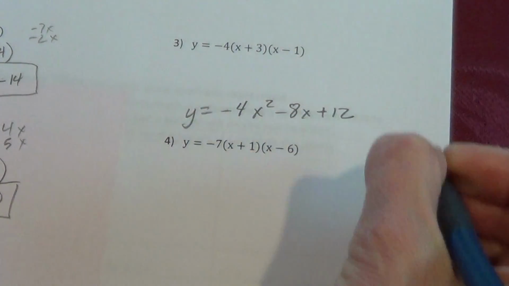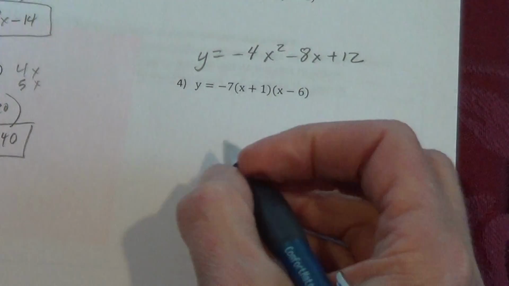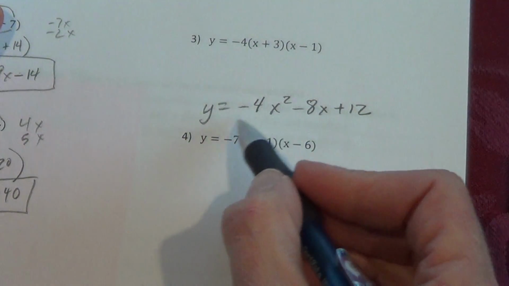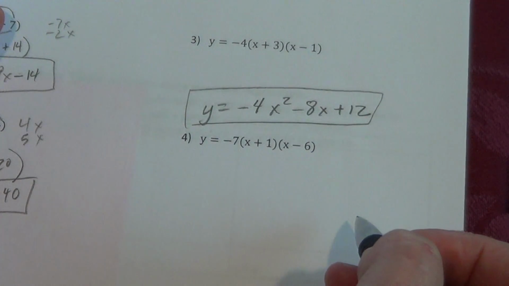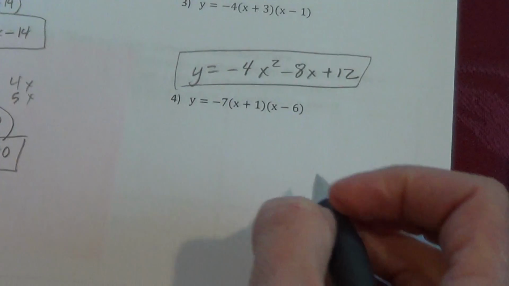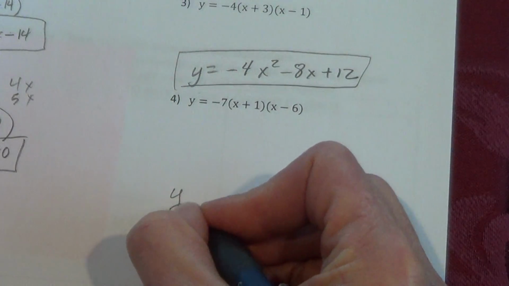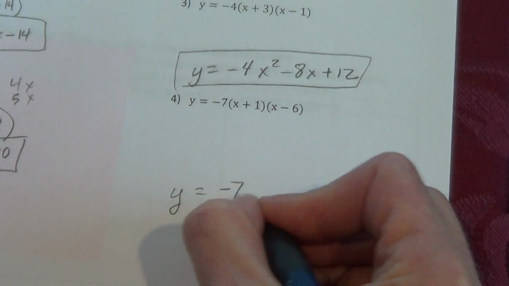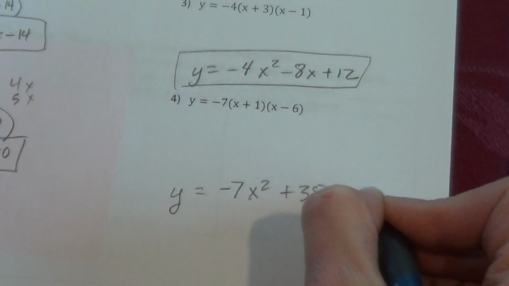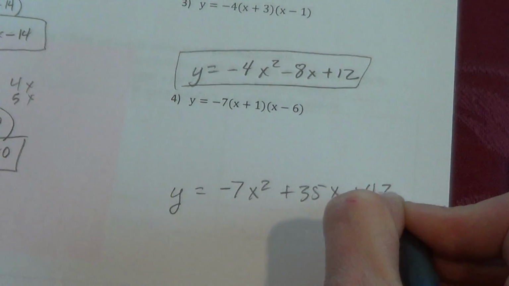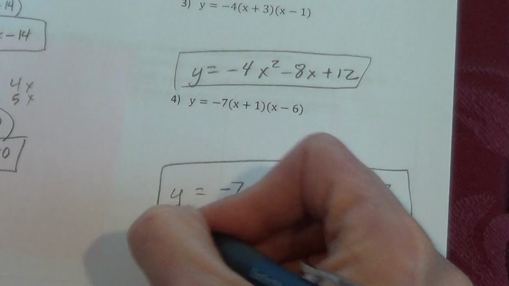When you turn it back on, I'll have the answers here. The answer to the first one, negative 4x squared minus 8x plus 12. And the last one is y equals negative 7x squared plus 35x plus 42. Okay?